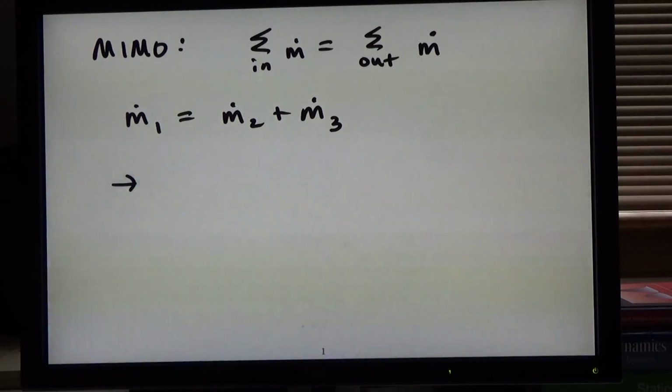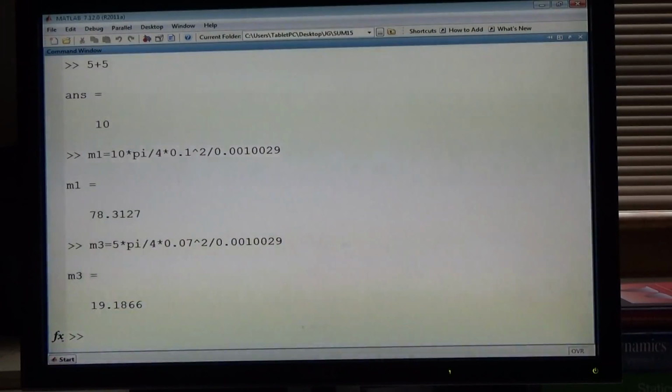So what we end up with is m dot 2 is just equal to m dot 1 minus m dot 3. So this is a simple addition problem. So m dot 2, we just take m1 minus m3.